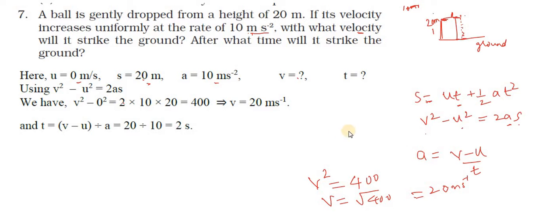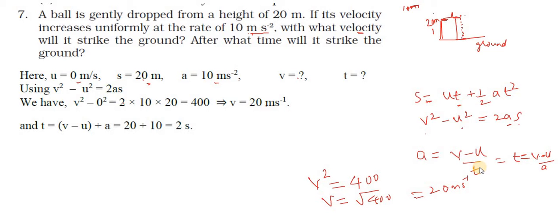So how to find t? We know acceleration is equal to v minus u by t. We can simplify this and write t is equal to v minus u by a. So this is the acceleration, and this is the time. To find the time, t is equal to v minus u by a. v we found just now, 20.